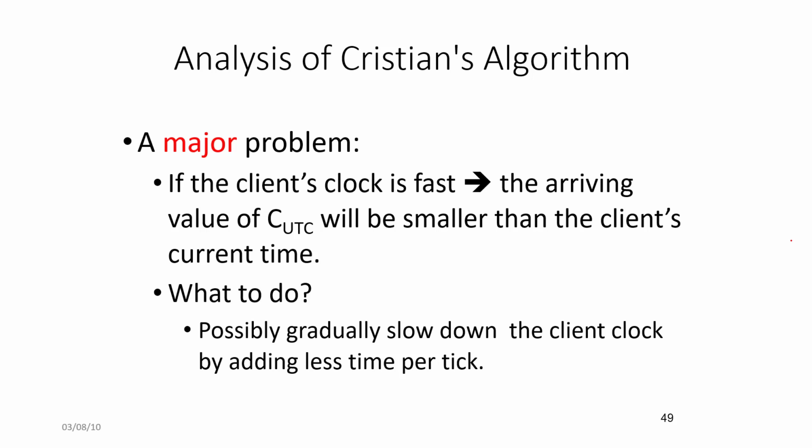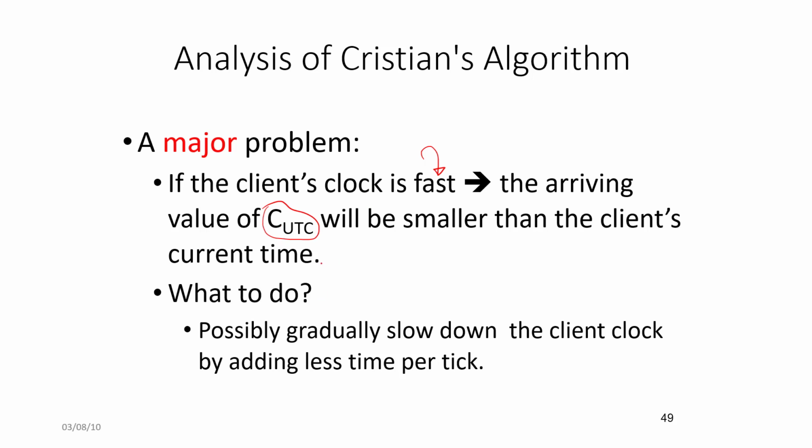It could either be slow or it could be fast. If it is slow, then of course it is much easier, in the sense we just move the clock forward. But if the client's clock is fast, then we can't move it backward because time cannot appear to flow backwards. So the arriving value of CUTC will be smaller than the client's current time.